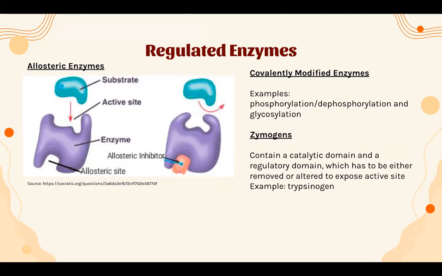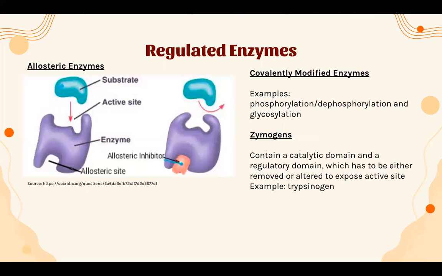In this diagram, you can see that binding of an allosteric inhibitor to the enzyme's allosteric site induces a conformational change in the enzyme's active site, which then causes the substrate to not be able to bind. On the other hand, if this were an allosteric activator, this would induce a conformational change that would allow the substrate to bind.